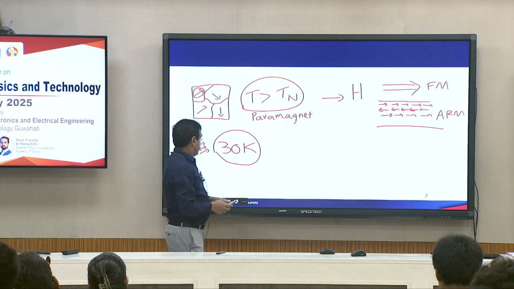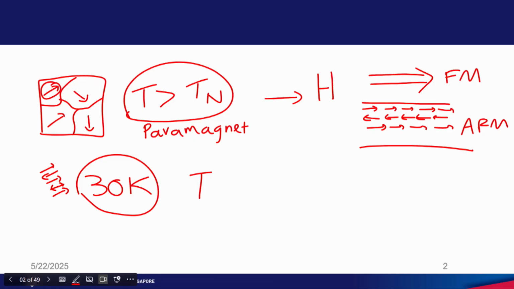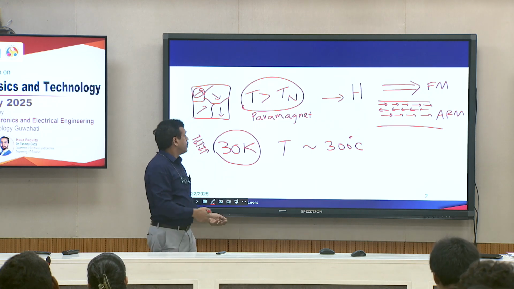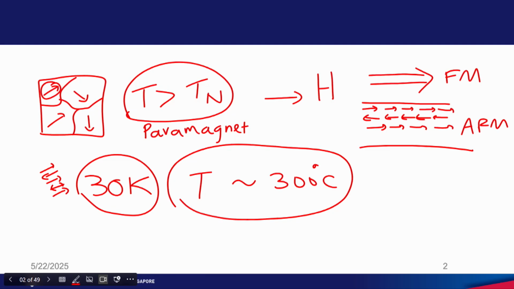Whether you make a semiconductor chip, the temperature during some process will go as high as 300 degrees Celsius. Whatever material you make should be able to withstand this temperature. If you have material that does not tolerate 300 degrees Celsius, that material is useless. You can publish a paper, but if you want to use something for technology, you have to play the game according to the rules.